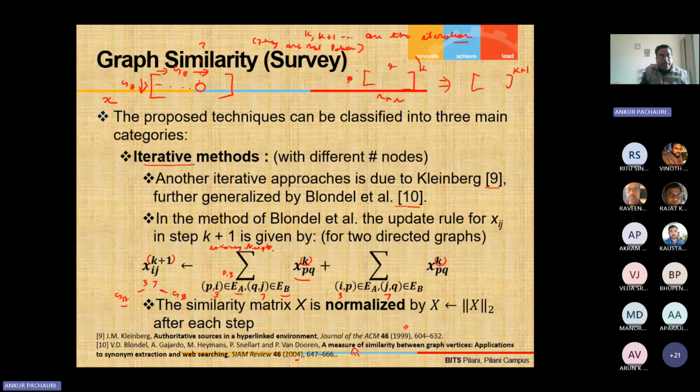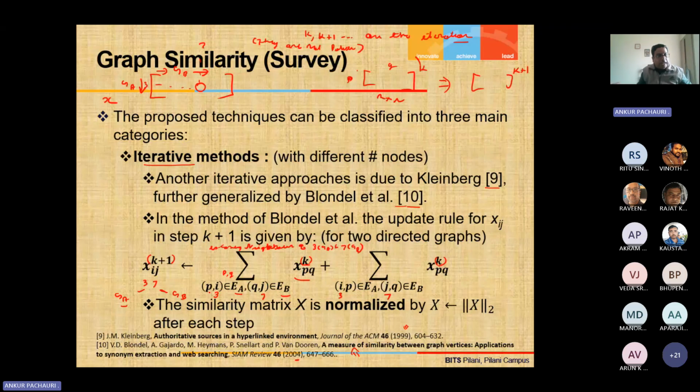I'm updating the incoming neighbors of 3 of GA and 7 of GB. It means the same: all those P1,3, P2,3, P3,3, P4,3, P5,3, whoever it be. If it is 0, it will not participate. Only the non-zero values will be accumulated.